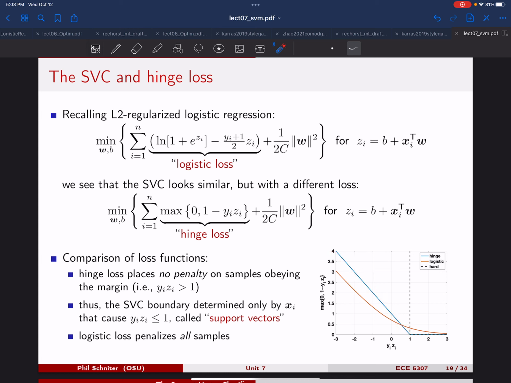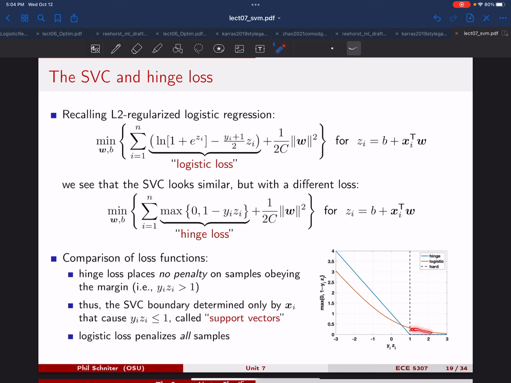On the other hand, the logistic loss actually looks quite a bit like the hinge loss, but it's a smooth approximation. You can show that asymptotically it has exactly the same slope, and it converges to 0. But what's different than the hinge loss is that the loss never goes exactly to 0.